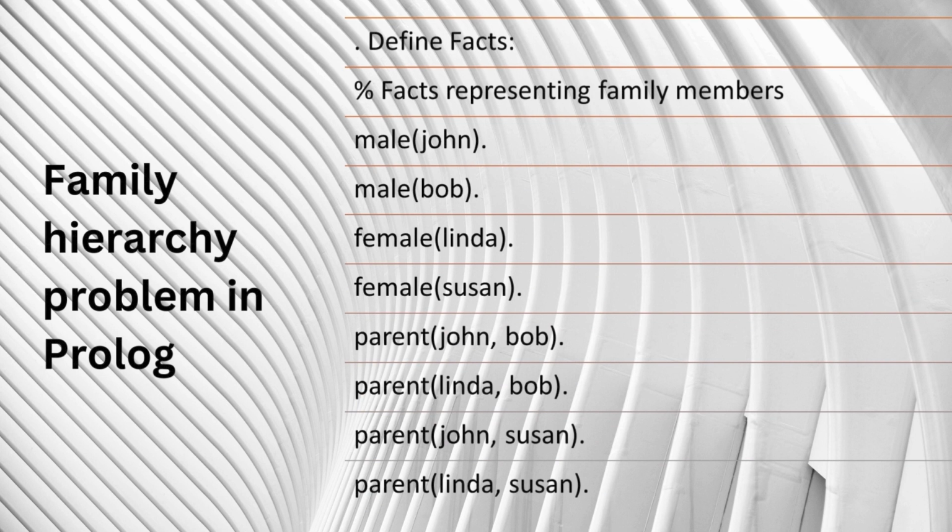Then parent(Linda, Bob), that means Linda is a parent of Bob. Then parent(John, Suzanne), that means John is a parent of Suzanne. Then parent(Linda, Suzanne), that means Linda is a parent of Suzanne. In this example, we have defined family members, their genders and parent-child relationships.